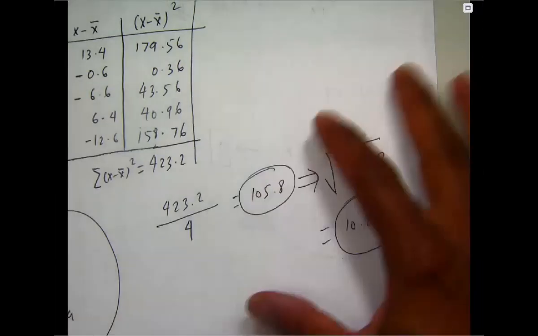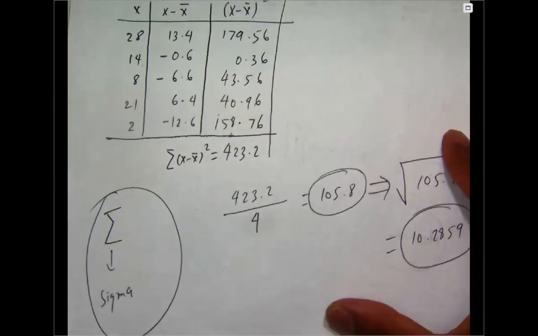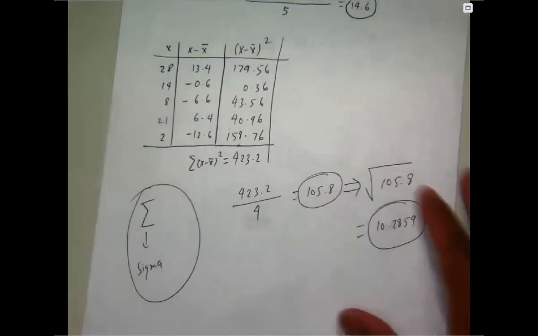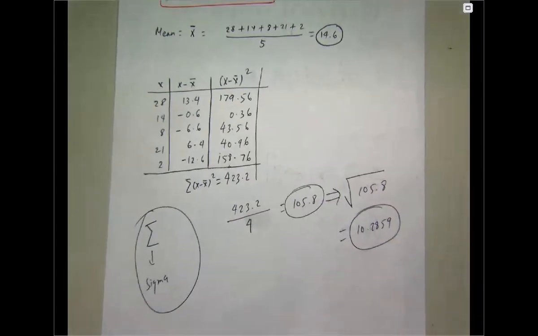So the meaning of standard deviation for this problem is, look here. This is your data: 28, 14, 8, 21, 2. The average is 14.6. On average, most of this data is 10.2859 units away from the average.